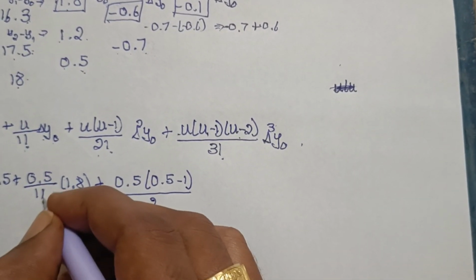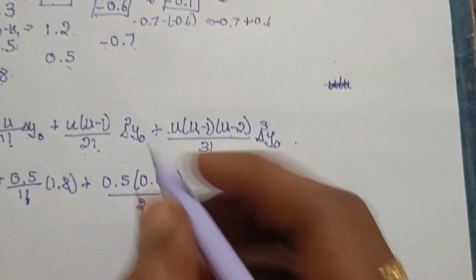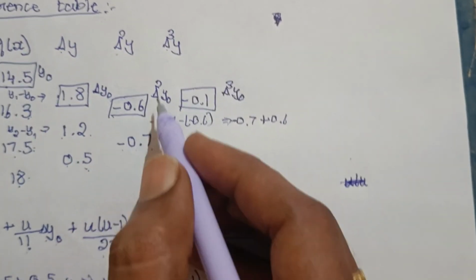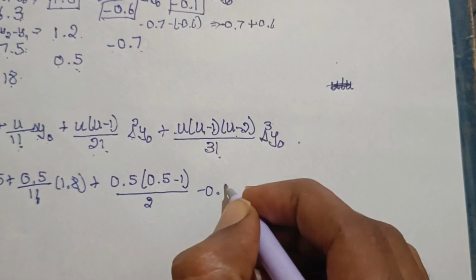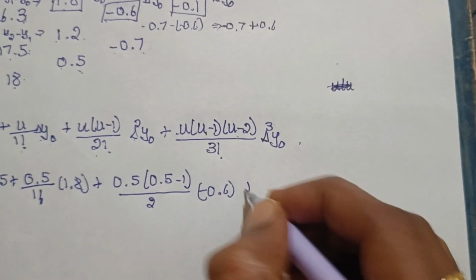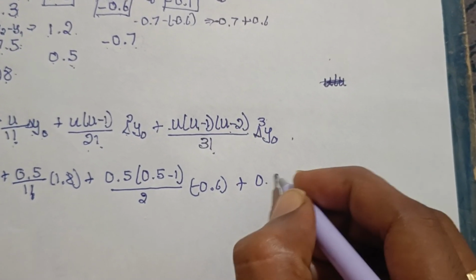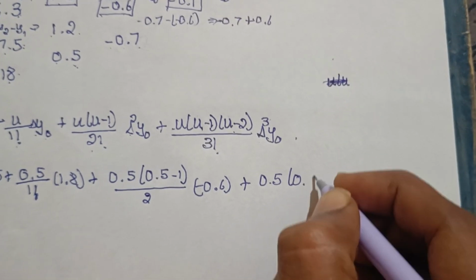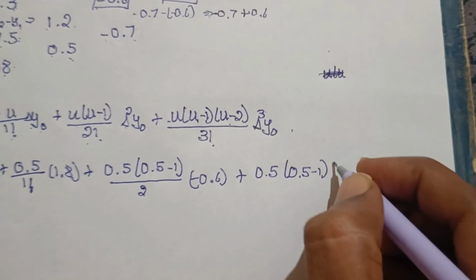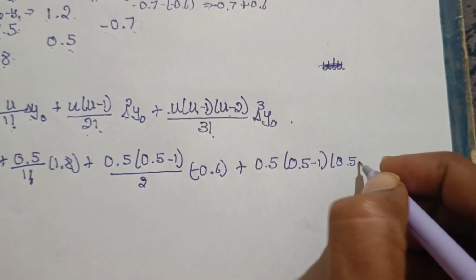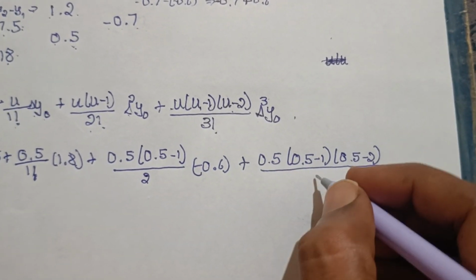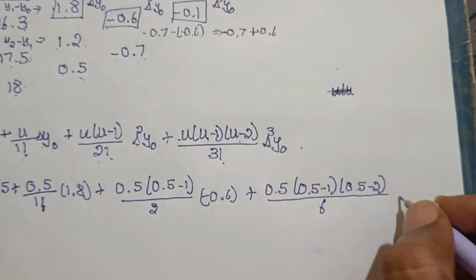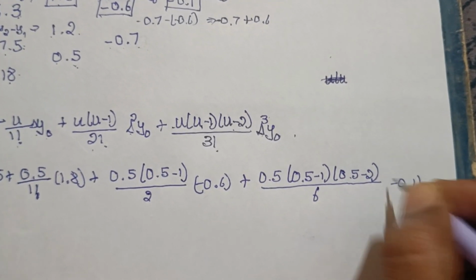Next, delta square y naught is minus 0.6. Plus u value 0.5, 0.5 minus 1, 0.5 minus 2 divided by 3 factorial, that is 3 into 2, that is 6. Delta cube y naught is minus 0.1.